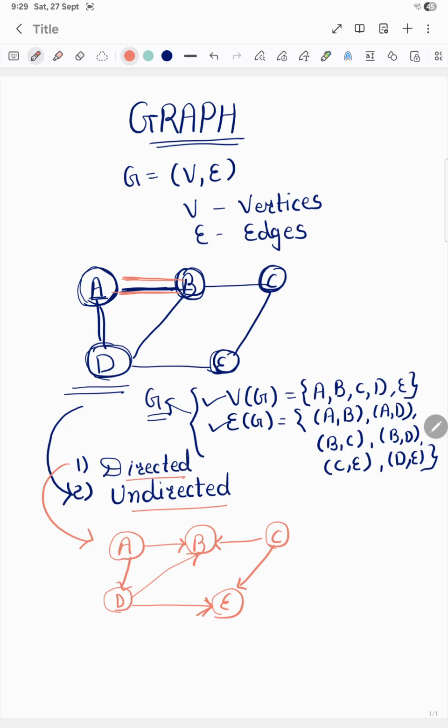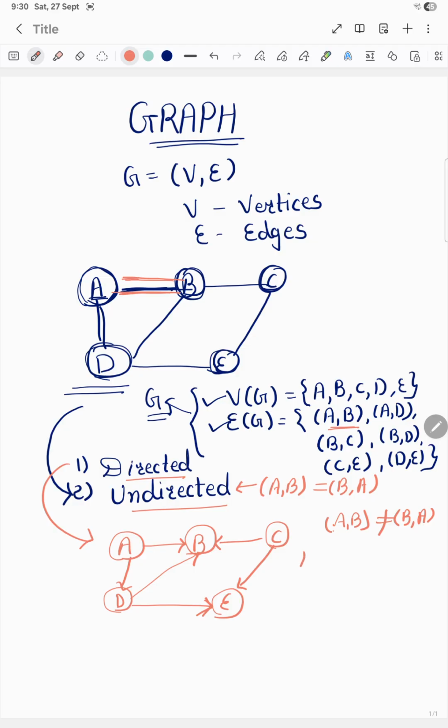In this undirected graph I have that edge A to B. In this scenario, A to B and B to A are the same in an undirected graph. But if I talk about a directed graph, A to B differs from B to A. Both are not the same.